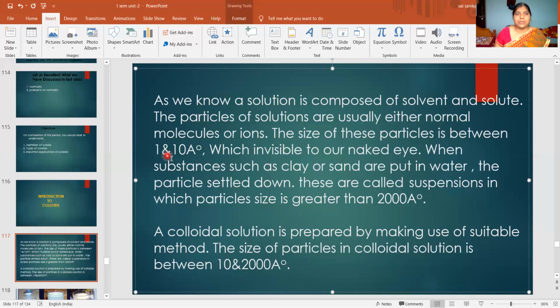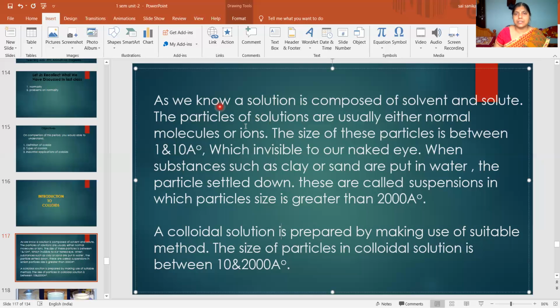So for solution it is 1 to 10 angstrom, for colloidal solution it is 10 to 2000 angstrom units, and in suspensions it is greater than 2000 angstrom units. Now you have the differentiation between solution, suspension and colloidal solution.